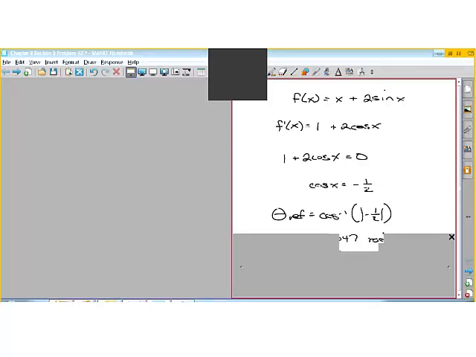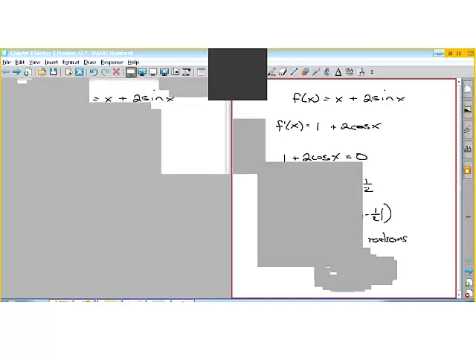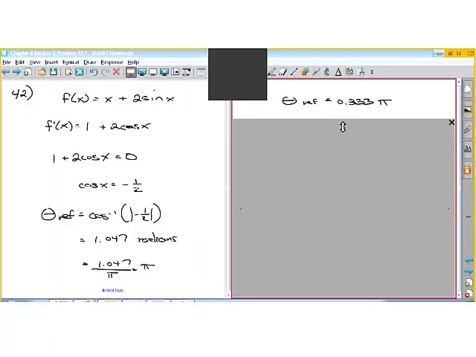Multiply and divide by pi. 1.047 divided by 3.14156 is 0.333. So that's 1/3. Therefore, the answer is pi/3. That's in the first quadrant.